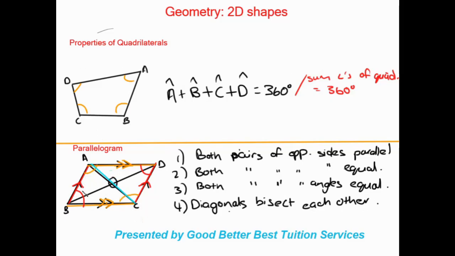So this is our one diagonal line, and this is our other diagonal line. When they say they bisect each other, that means that this line over here, A to O, so that's A to the middle, let me just highlight it, this line AO is equal to the length of OC.